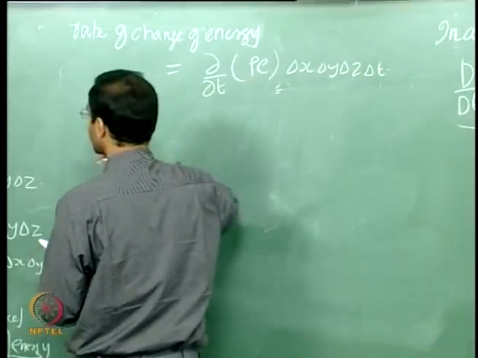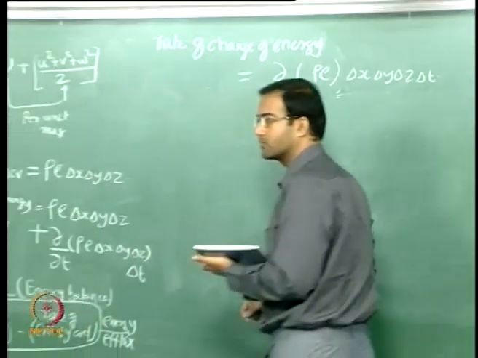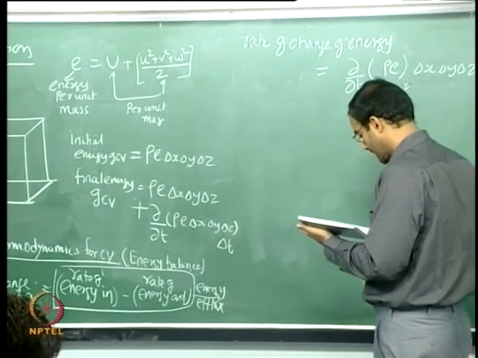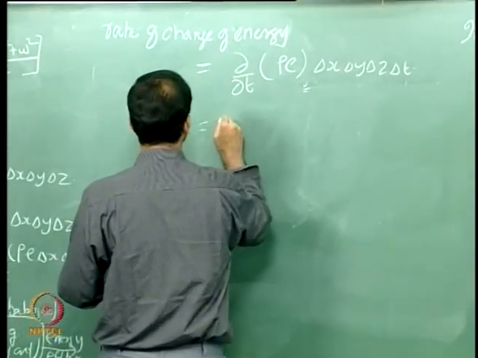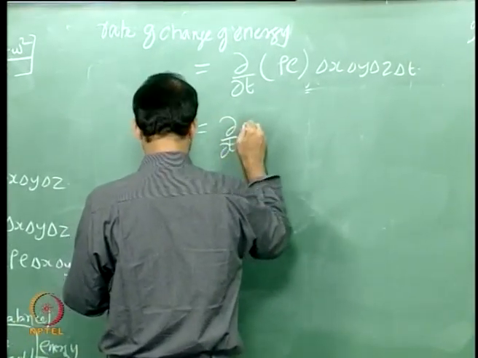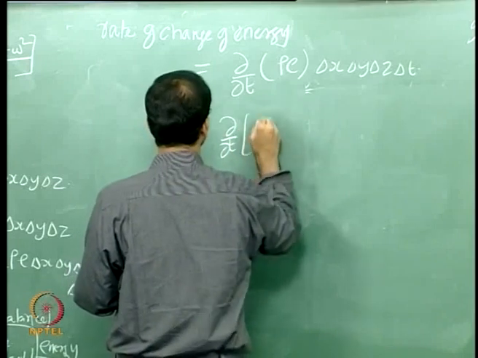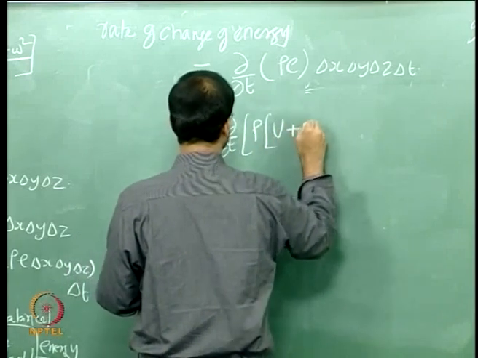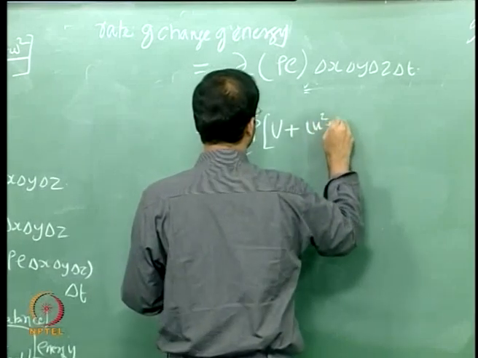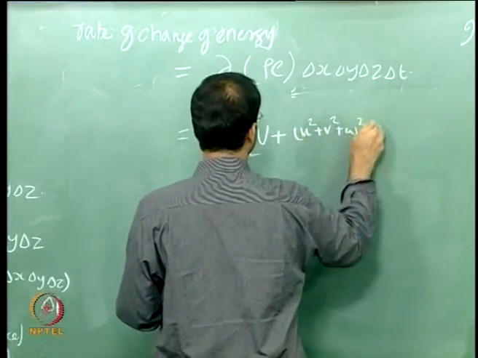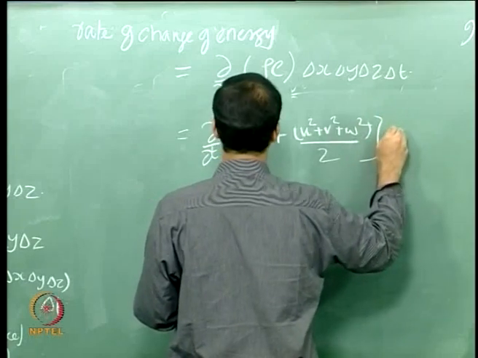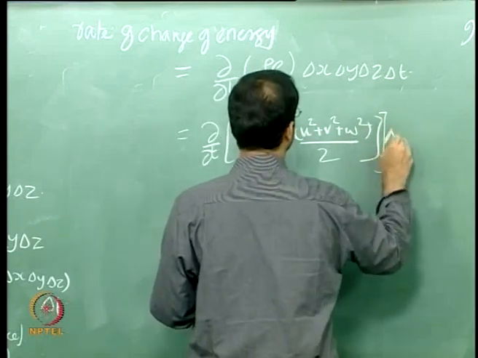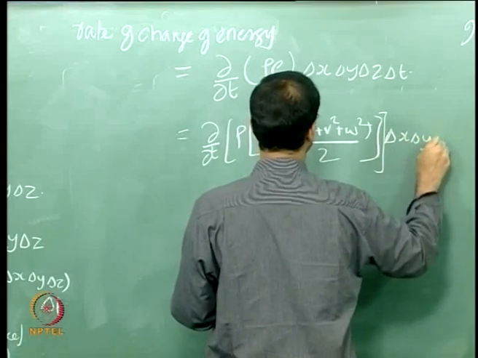Where your E is expanded into constituents of internal energy and kinetic energy in that manner, so I can also write this as d by dt of rho times u plus u square plus v square plus w square by 2, into delta x, delta y, delta z.